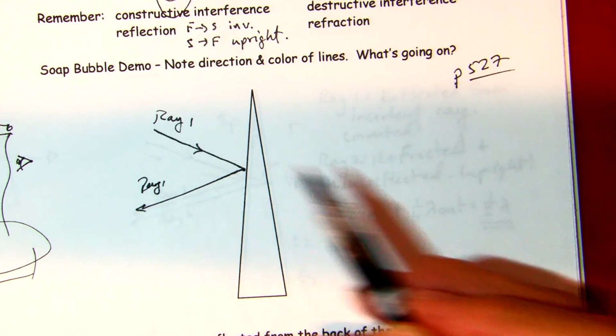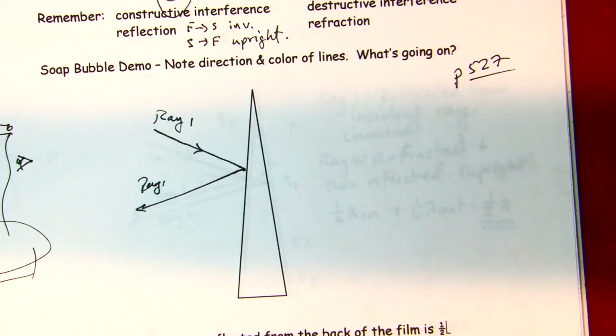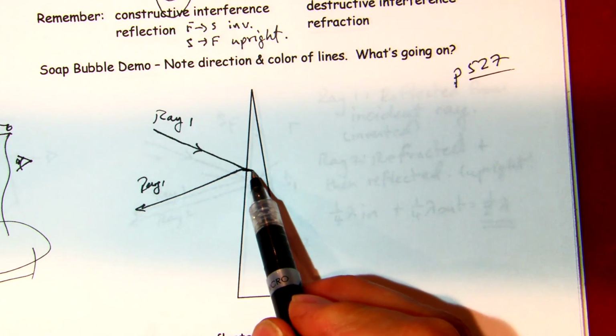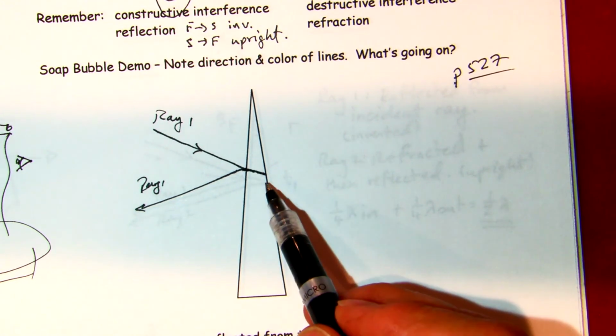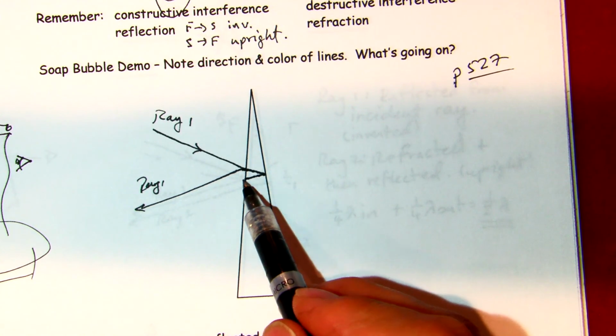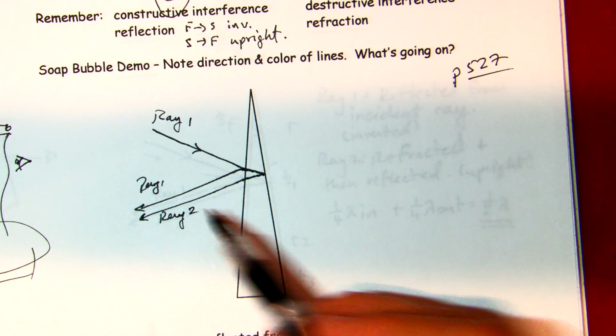And of course, you draw the normal here, and you'd see that the angle in is equal to the angle out, law of reflection. Some of the energy of this ray is going to get transmitted, and it's going to get refracted until it travels and hits the back of this film. Then that too will get reflected up, and it will come out and go parallel to ray 1, and we'll call this ray 2.